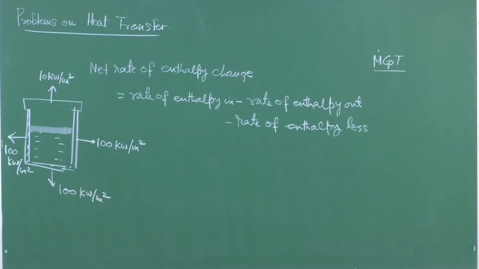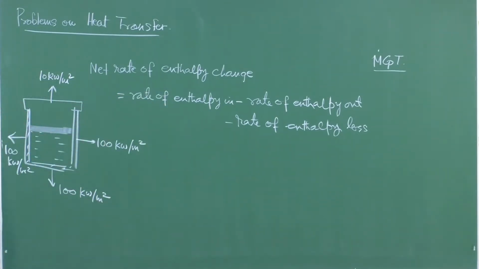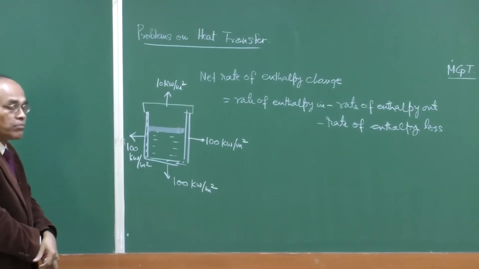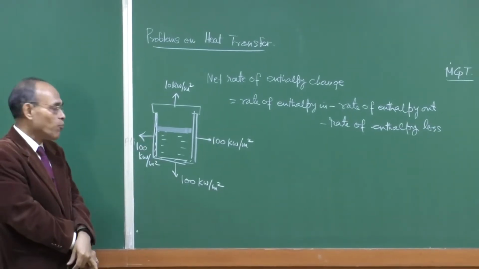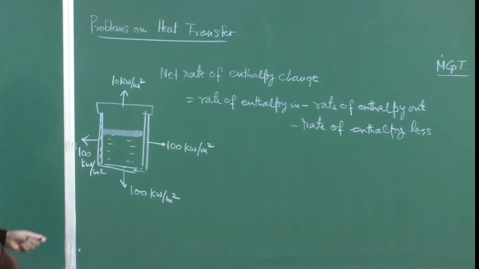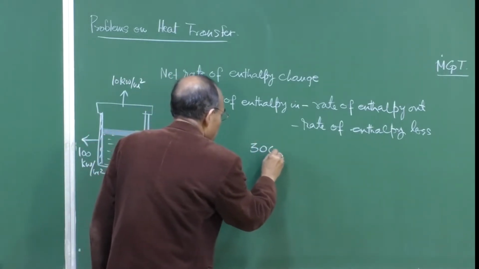This is the problem on which we want to apply the principle and find out, during the holding period or during the time the ladle is transferred from one place to another, what is the rate of temperature drop from the melt.